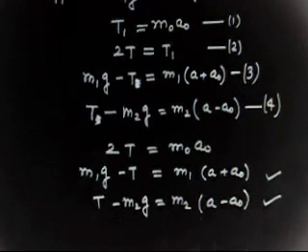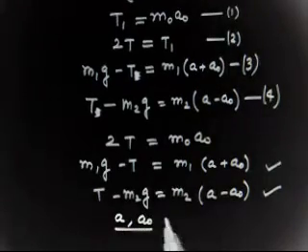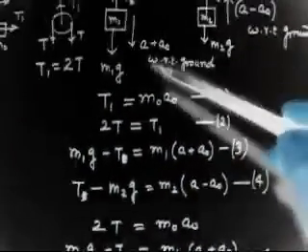You can solve for a and you can solve for a naught, a as well as a naught, and the resultant acceleration of 1 is a plus a naught.